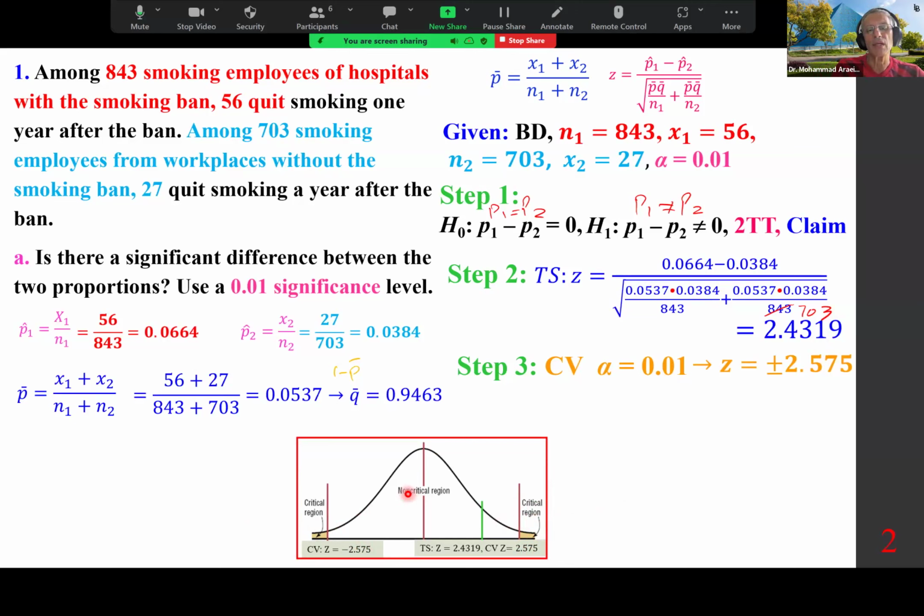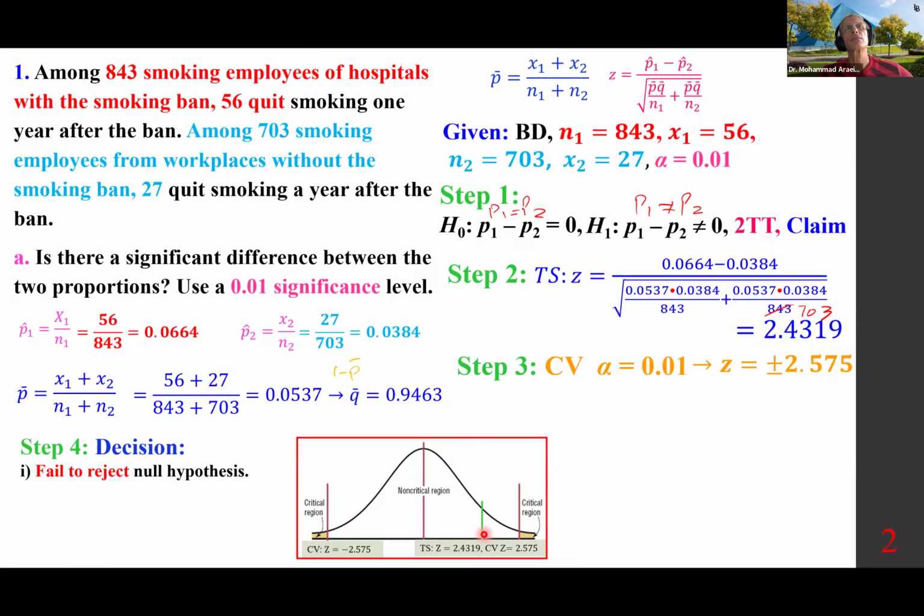In between is the non-critical region, or NRR, non-rejection region. We locate the test statistic 2.4319. It's somewhere here, way into the non-rejection region. So fail to reject the null hypothesis.